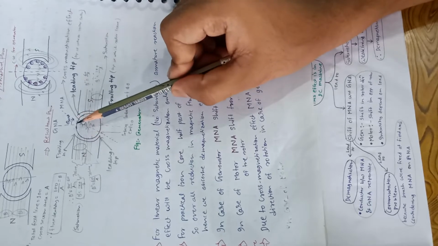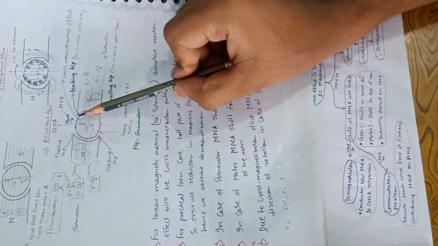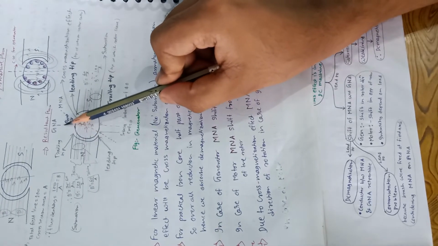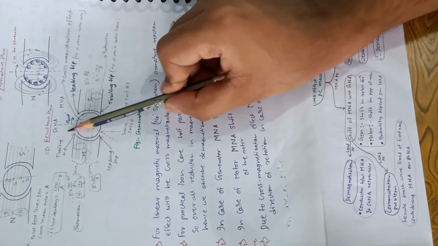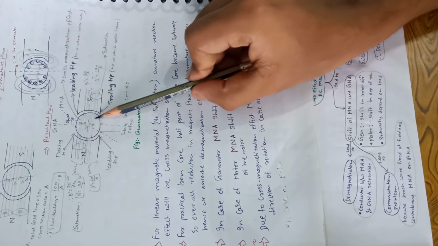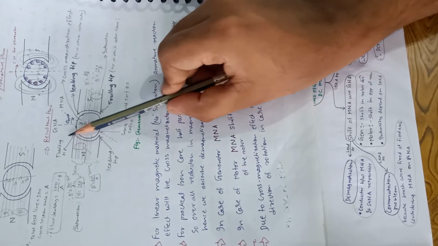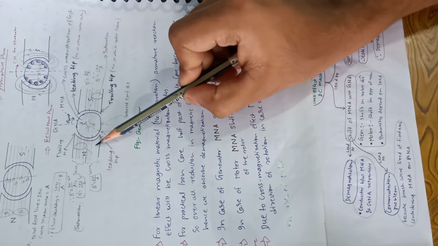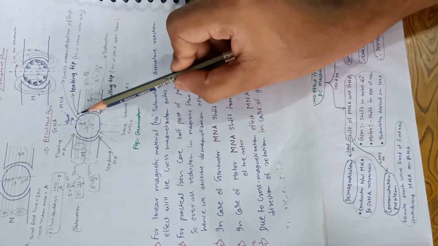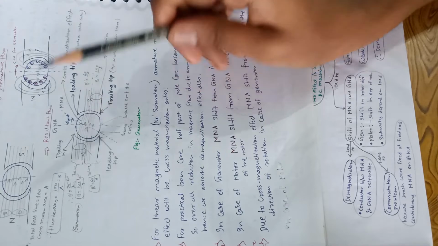Okay, in case of motor, what will we have? In case of motor, if we have this direction, then MNA shifting will be this one. If MNA shifting is this, then the core saturation will occur here.